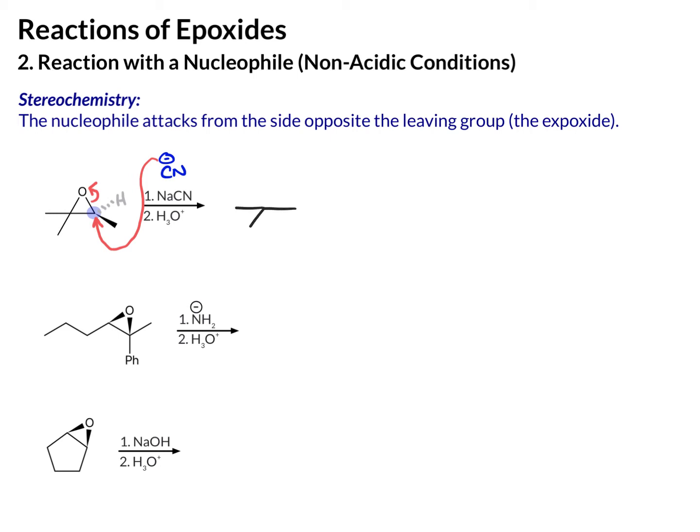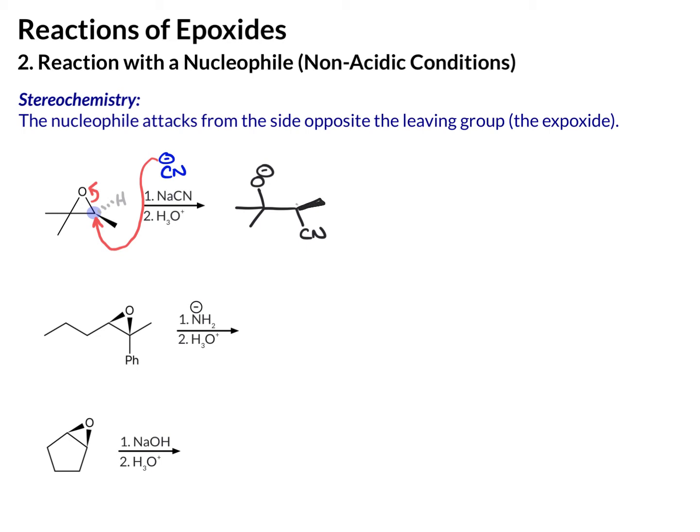On the left side, it's not a chiral center, so we don't really care about the stereochemistry there. On the right, I'm going to draw that cyano group pointing straight down because the epoxide leaving group bond was pointed up, so this will do opposite, which is down. And then I have the methyl out, and that methyl kind of gets pushed upwards, but it's still out.